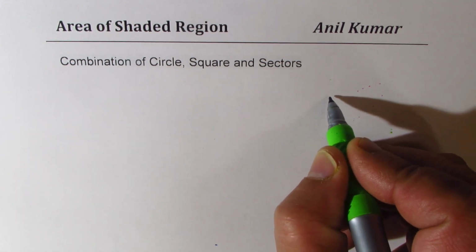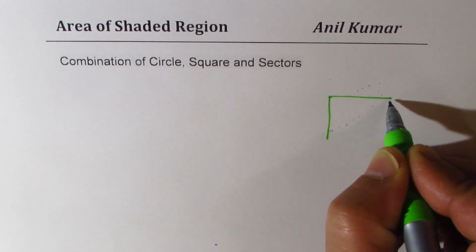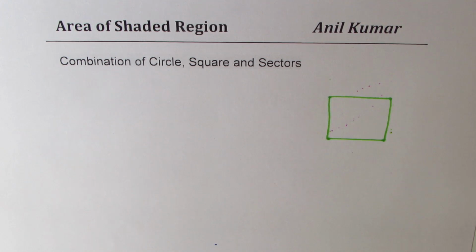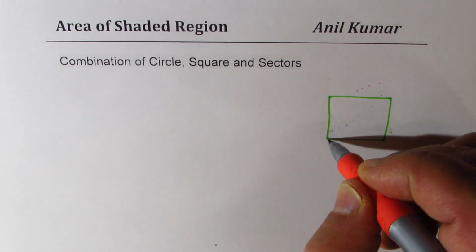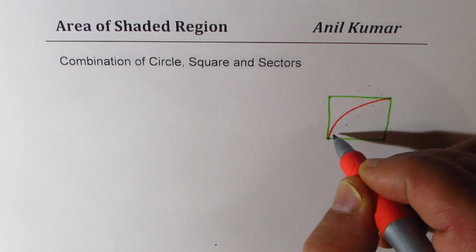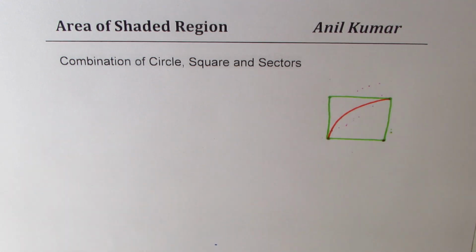So here's a figure which we need to consider. Let us say we have a square. This is of 1 centimeter square. Within this square we have an arc with a radius of 1 unit.